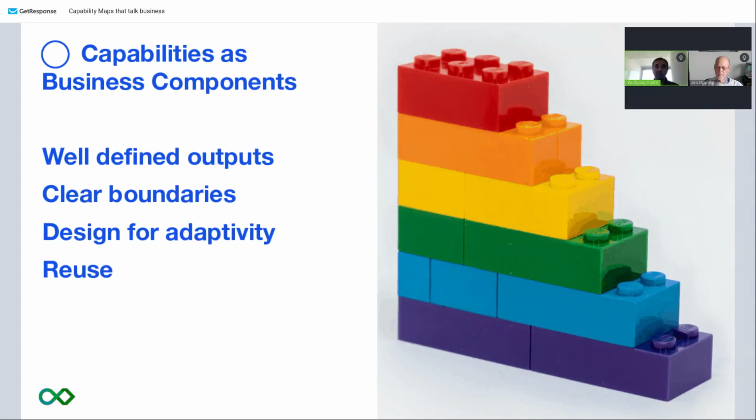So we see capabilities as business components with people and assets, hardware and software assets, and certain skills, with well-defined outputs and clear boundaries. I'm sure many engineers among the 45 people we have here in this room today know this concept of componentization, and it's a huge concept in architecture: modularization, loose coupling.